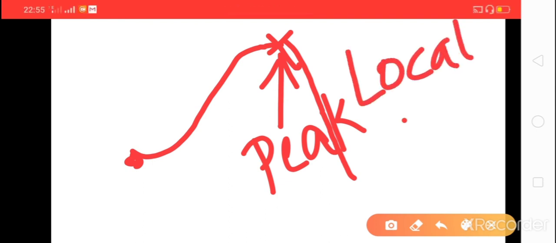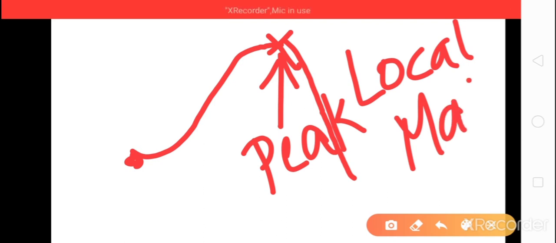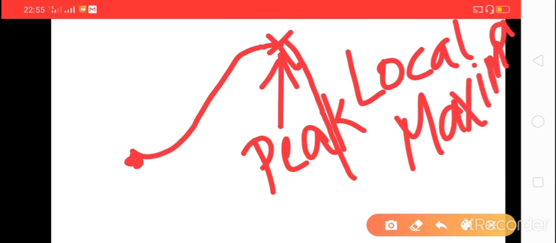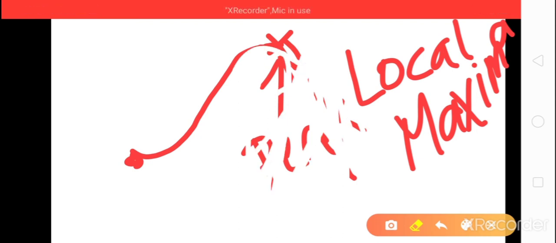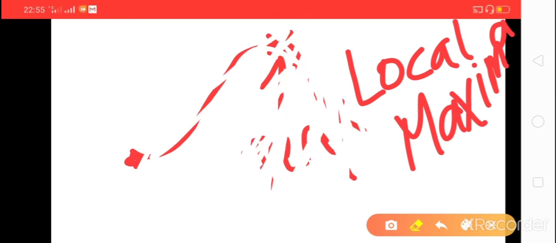Local maxima. So what is local maxima? Local maxima means there is a maximum point.